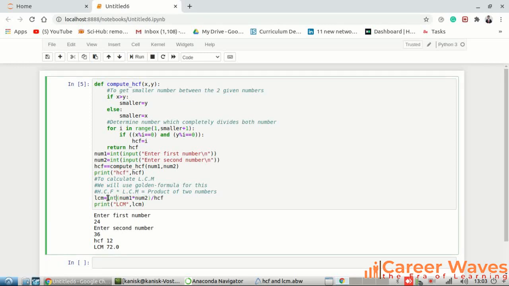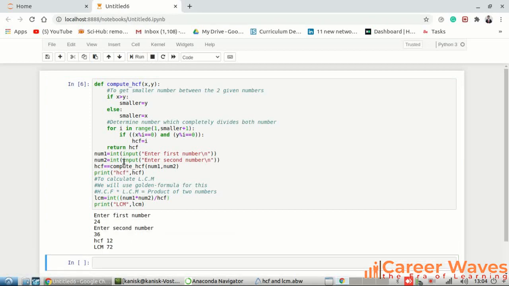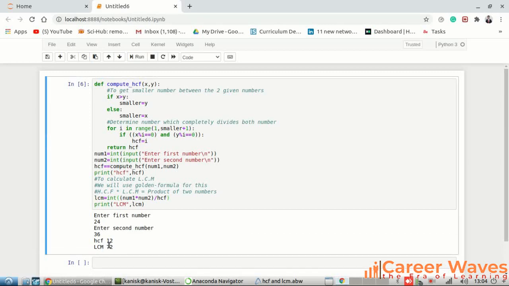So use int here, int here, and int here. Now it will give us LCM in the form of integers. Let's again calculate for those. First number is 24, second one is 36, and yeah, now we are getting LCM as 72 in integer form.